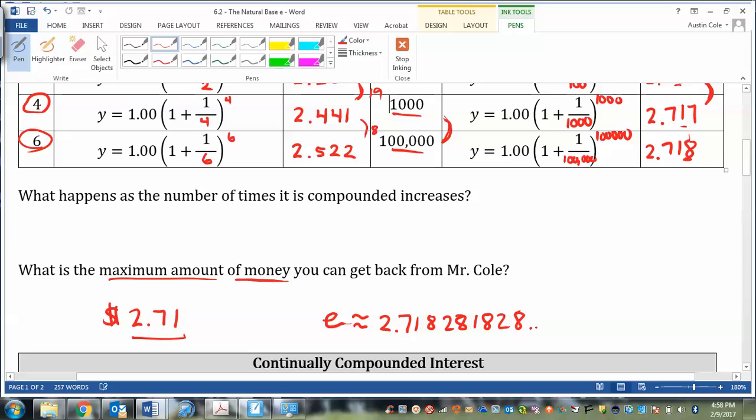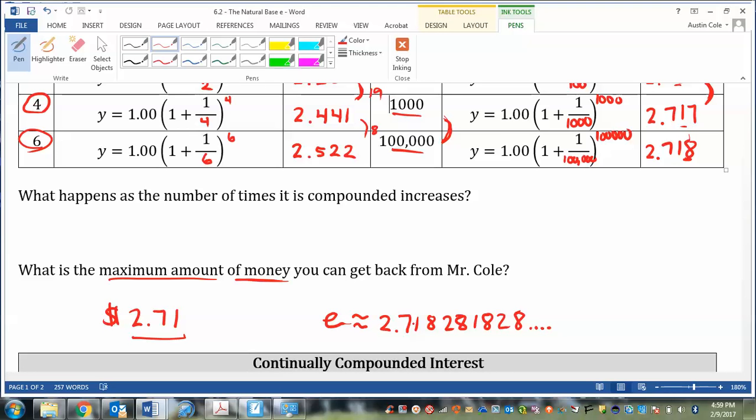Okay, this number goes on and on and on forever. Okay, and it is calculated by doing exactly what we just did. Okay, so that, to be exact, is the most money you could make from me in this situation.